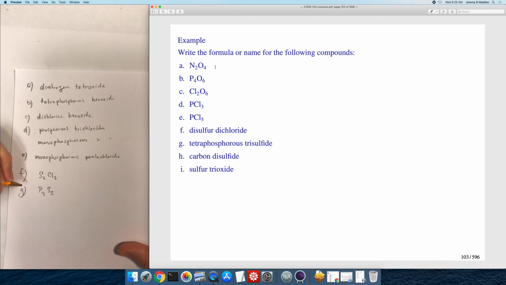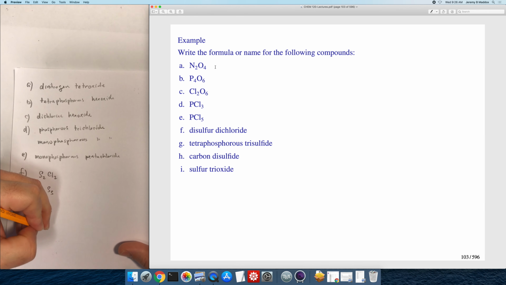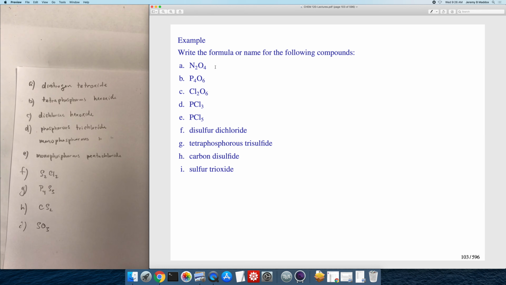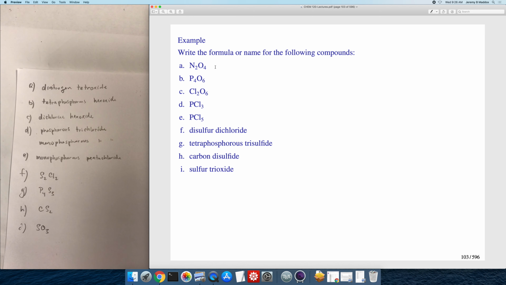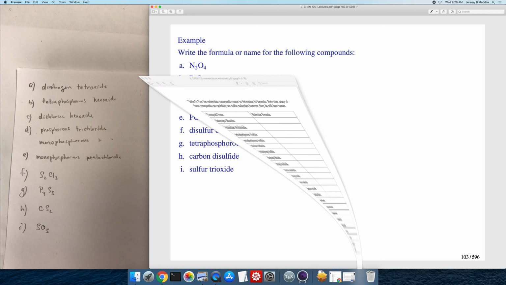For H, carbon disulfide, we'll just assume that the carbon is mono, and that it's S2. Sulfur trioxide, again, monosulfur, and then 3 oxygens, like that. So this is how you employ the rules for naming molecular compounds.